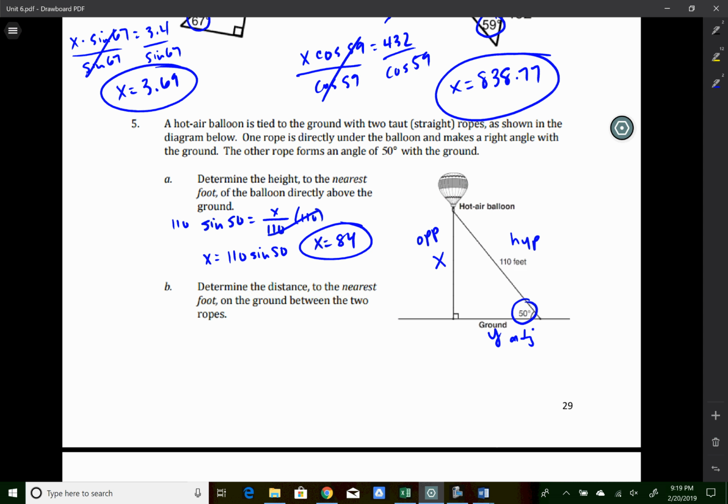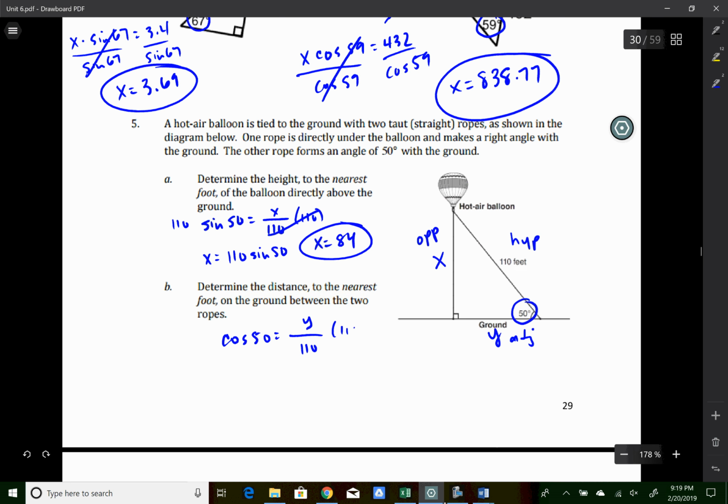For the next one, it wants us to find the horizontal distance, the ground distance. So that I labeled y. Now, y is the adjacent side. I'm not going to use the hypotenuse because I found this value, so just in case I made a mistake, and also remember we rounded it, so it's not really the exact answer, I want to use the hypotenuse. I want to just use what's given if I can. So I'm going to say the cosine of 50, because that would be the adjacent and hypotenuse, is equal to y over 110.